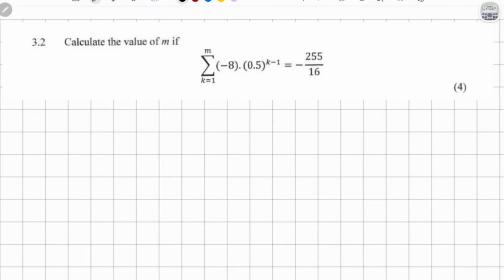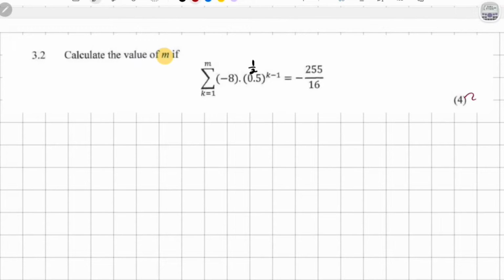Okay, question 3.2 says, calculate the value of m if. So we've been given the sum, this is sigma notation, the sum starting from k is equal to 1 all the way to m of, and we have a pattern with the formula -8 times 0.5, which also remember that is a half. 0.5 is a half. And they tell us what the sum is equal to.